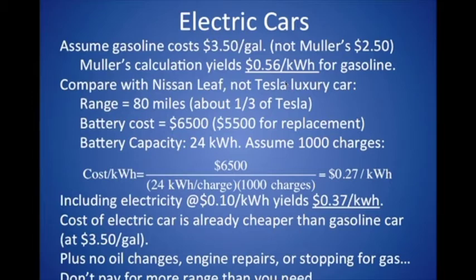So, roughly half the price of what Muller concluded. And then you throw in the cost of electricity, you get 37 cents per kilowatt hour. So that's actually already cheaper than a gasoline car, at least at $3.50 per gallon.